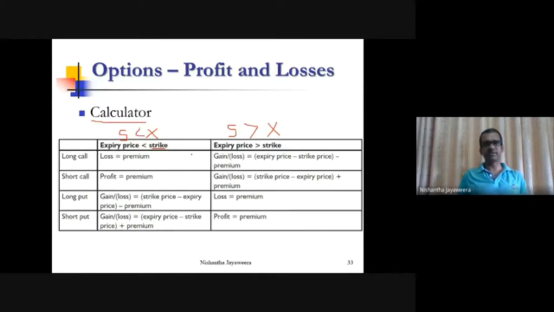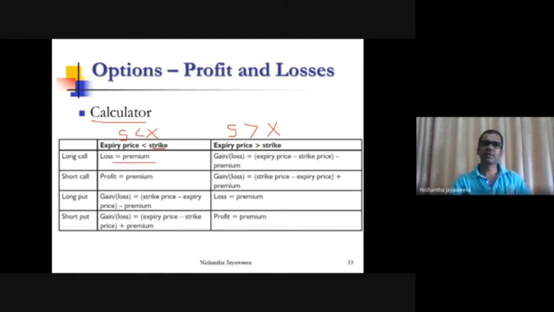No need to pay the agreed price; you can buy from the market at a lower price. But you make a loss equal to the premium that you paid, because to buy the option you have already paid the premium. You are going to lose it.